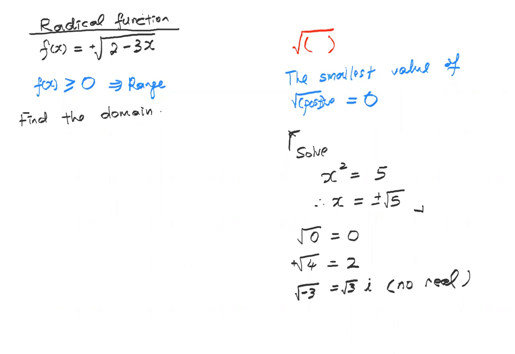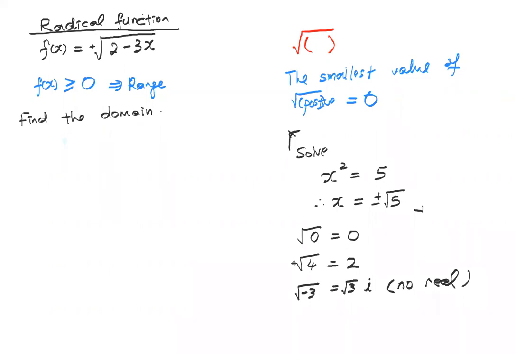Like 2 divided by 0, so far no one has defined it. Maybe one of these days, one of you will go and define it. How do I know? I don't know. Anything can happen. Am I right? That's why maths keeps improving. It makes things work. Okay. So not real. So based on this, if you want to find the domain, what must you say about whatever is in the square root?